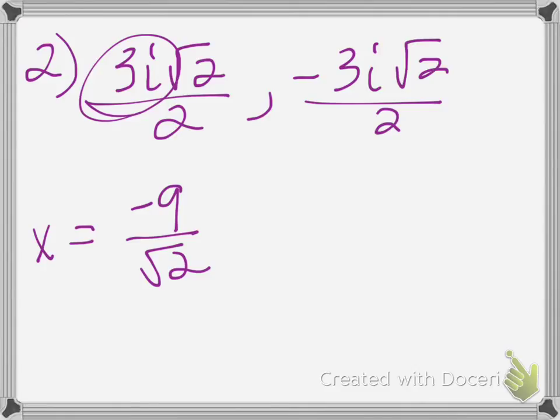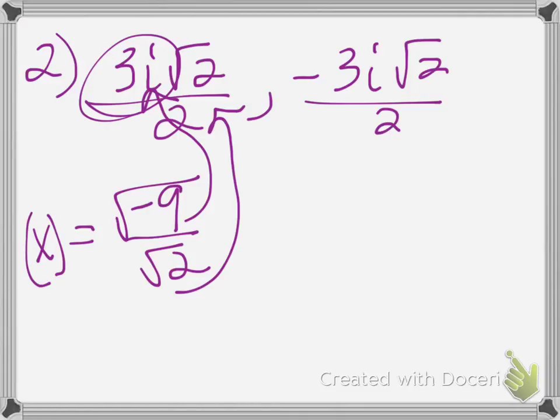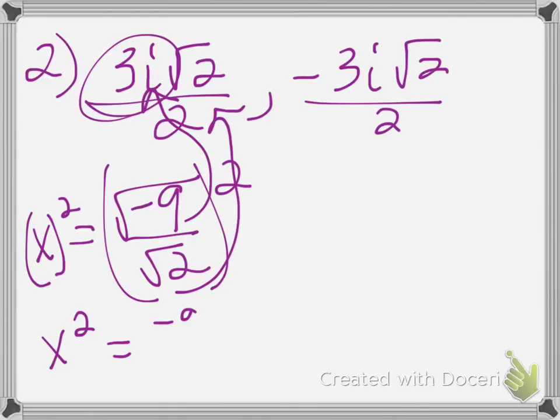So then what we would need to think is, we would have had the square root of negative 9 to get my 3i. And then the square root of 2 that we would have had to end up rationalizing. So let's say we square both sides to get my x squared. So I get x squared equals negative 9 over 2.